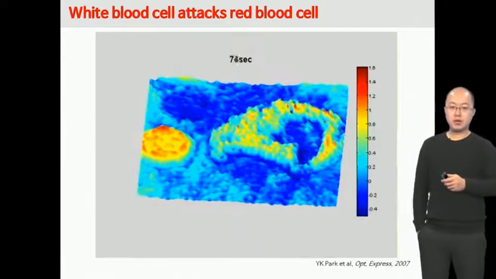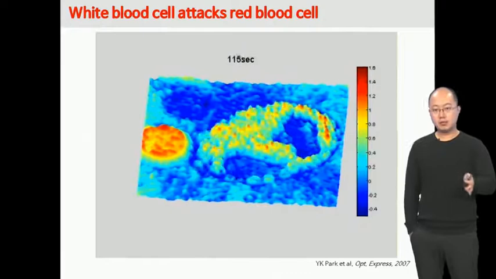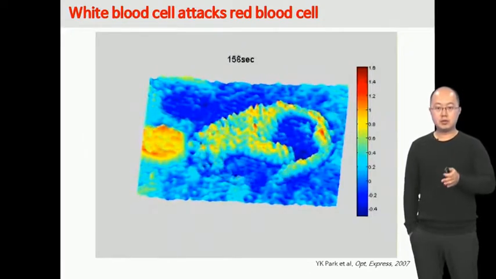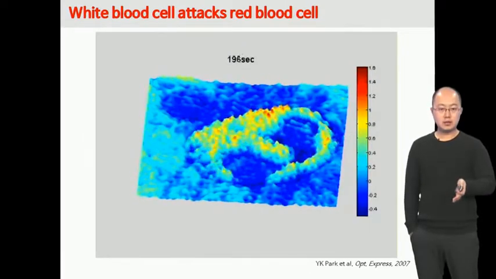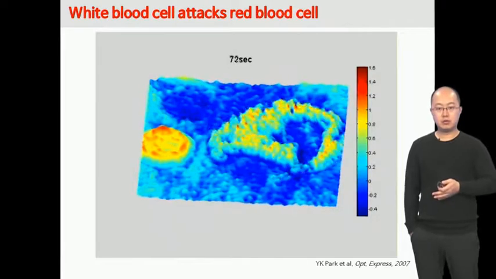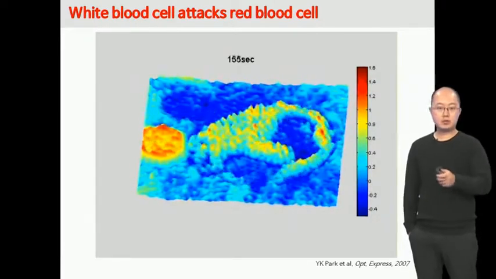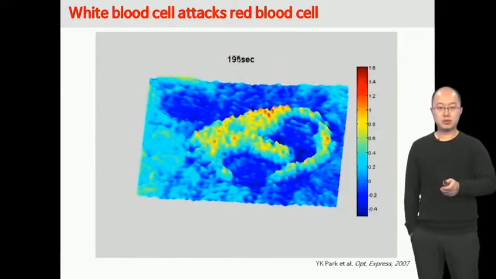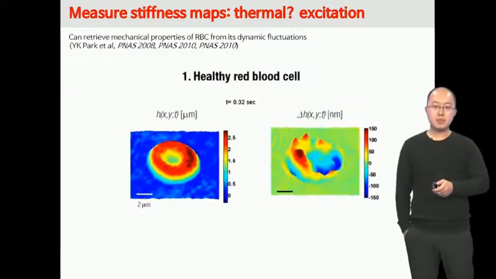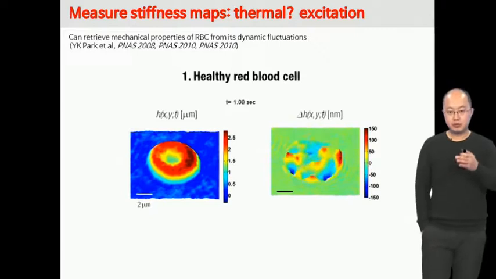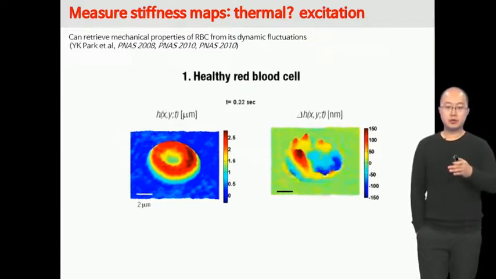Previously we measured a series of dynamics using two-dimensional quantitative phase imaging techniques. As you can see here, the white blood cell is crawling toward the red blood cell, and after some interaction, the red blood cell explodes. If you increase the acquisition speed, you can go even further.